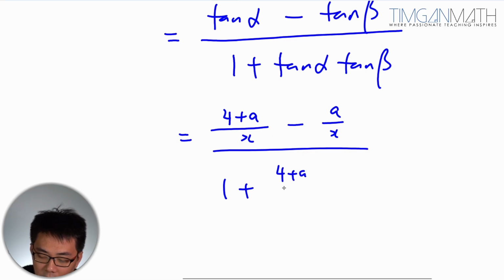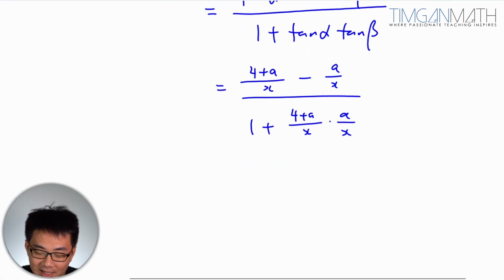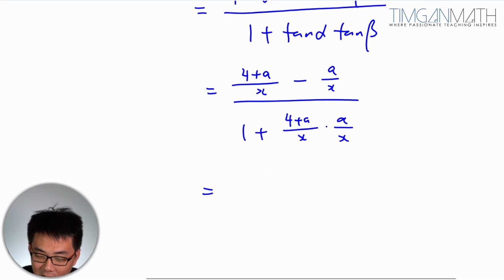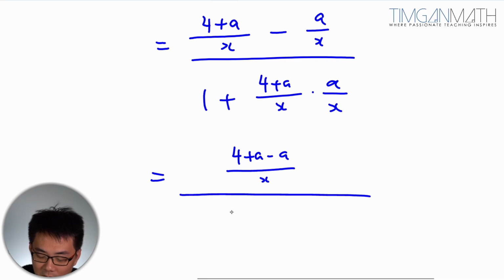I think that's the beauty of having a show question, because you know whether you're right or wrong just by looking at this. So here, I'm just going to make a common denominator on top and bottom. So this is 4 plus a minus a over x, and the bottom will be x squared plus a times 4 plus a, over x squared.